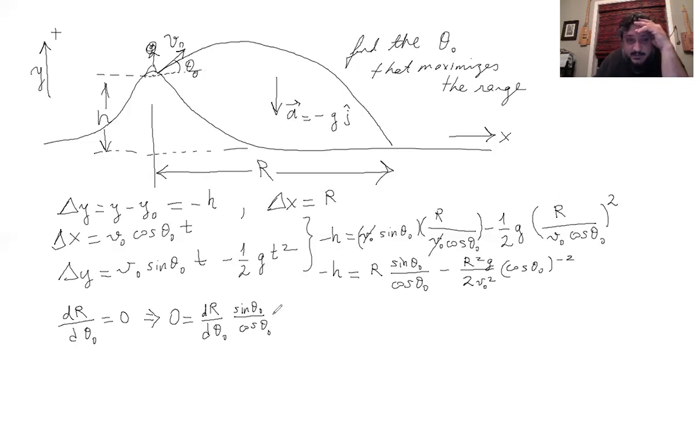And then applying the chain rule, now I have plus r times the derivative of sine theta naught over cosine theta naught. Do you mind if I use this symbol for derivative? It just means derivative with respect to theta naught.